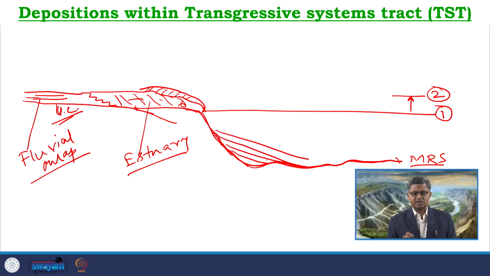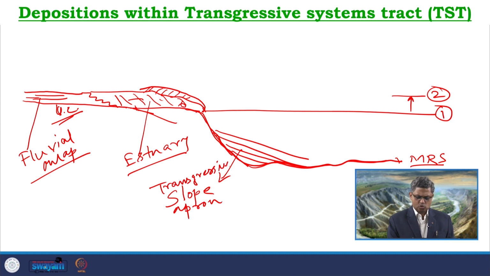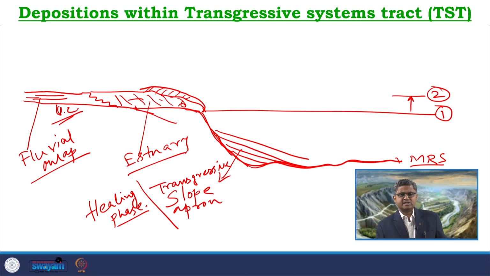The deposits over here, we commonly call the transgressive slope apron, or also healing phase deposits, which are commonly very fine grained initially, and may be covered by the backfilling canyon deposits formed by high density mud flow.